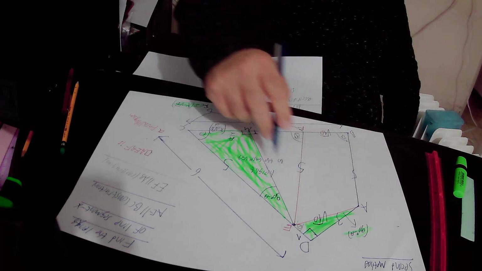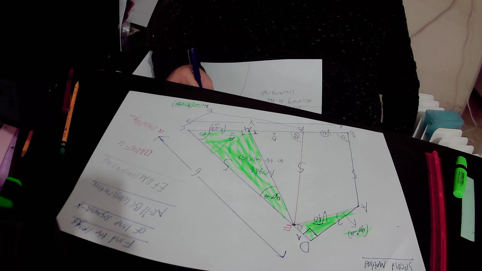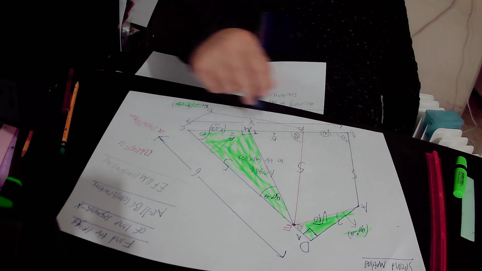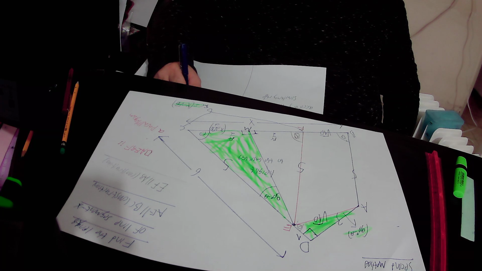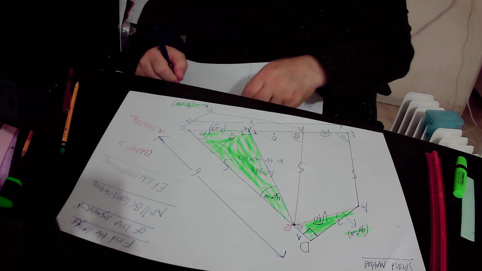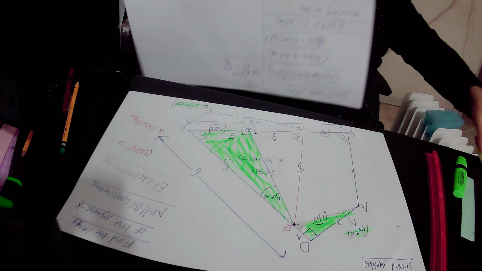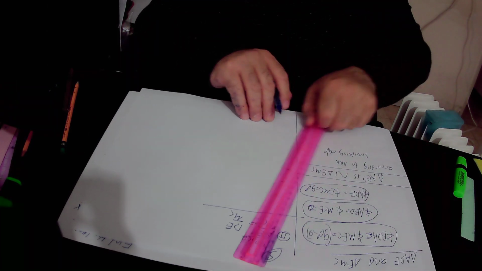that AE over EC is equal to DE over MC. I'll repeat again.